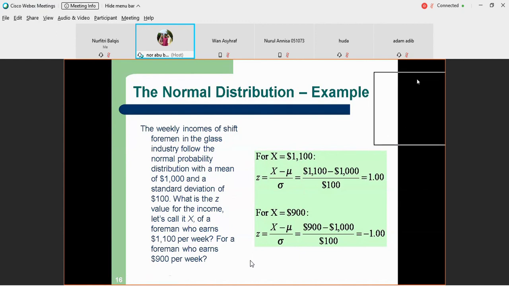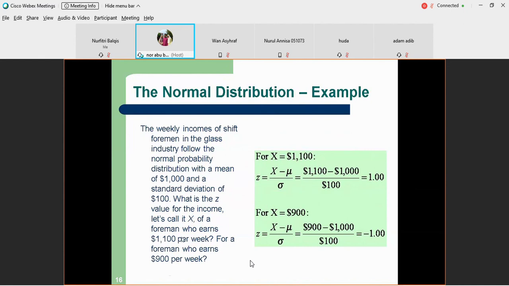So you calculate using the given formula, X minus mu divided by sigma. Our X is 1100. Mu is given as 1000 and standard deviation 100. So you calculate X minus mu equals 100, divided by sigma equals 1, so you get the Z value.